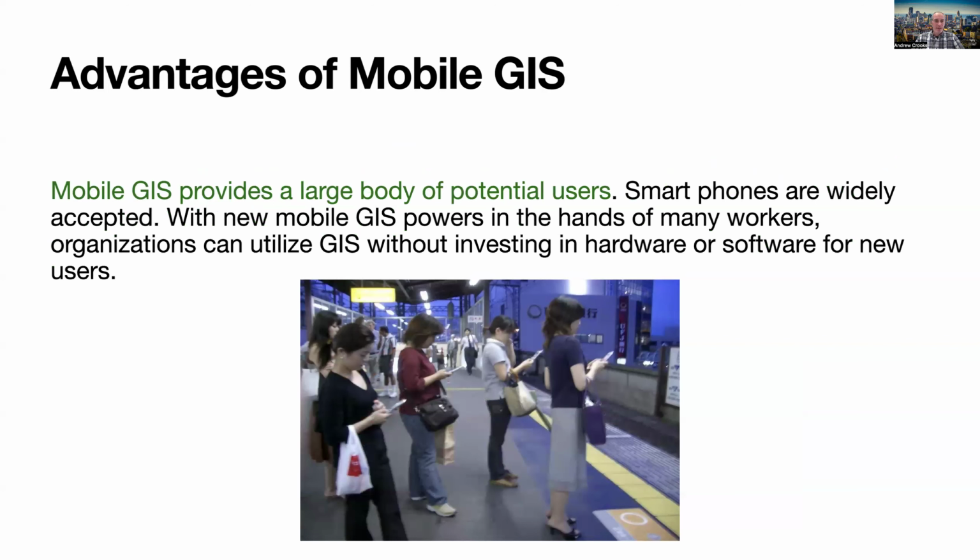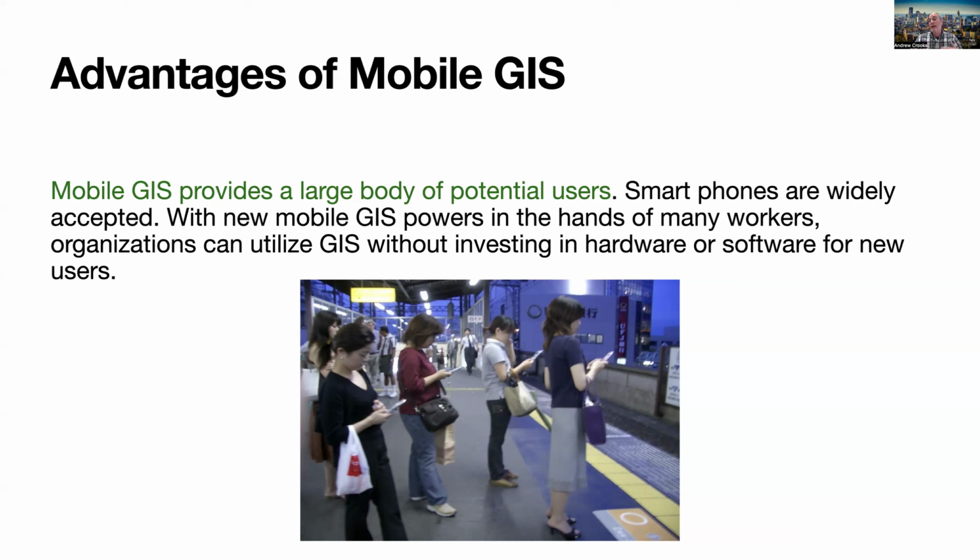But mobile GIS also provides access to a large body of potential users. Everyone probably watching this recording has a smartphone. Smartphones are widely accepted everywhere, ubiquitous, right? With new mobile GIS, there is power in the hands of many workers and organizations. Organizations can utilize GIS without investing in hardware and software for new users.